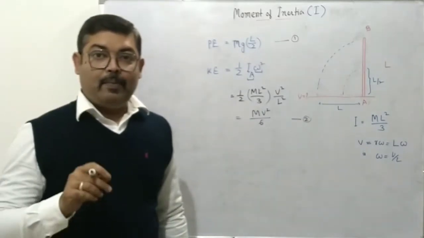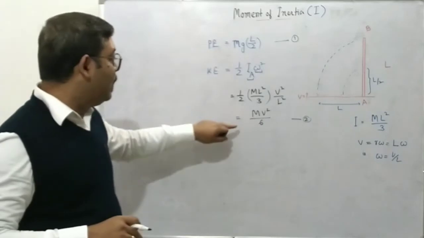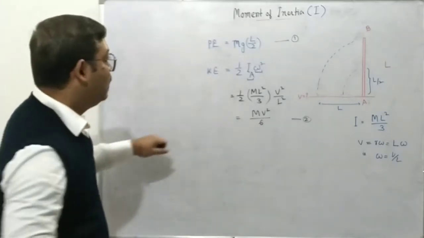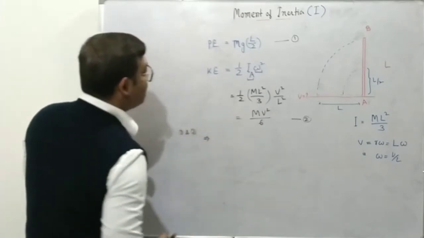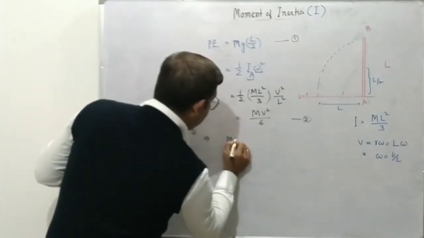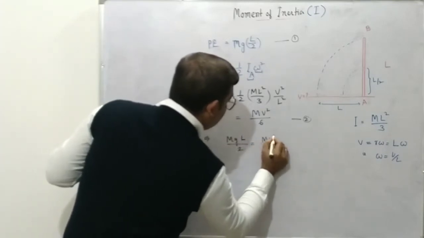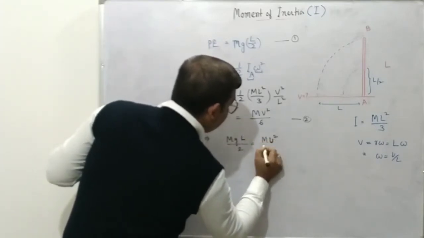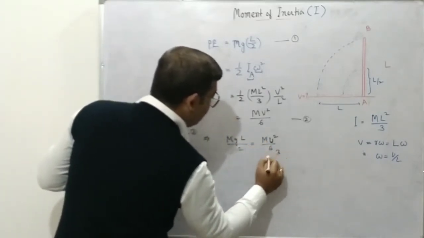So if we now apply conservation of energy, the potential energy lost will be equal to the kinetic energy gained. Therefore, these two equations will give us mgl divided by 2 equals m v square by 6. The m's will cancel, this will be 3.